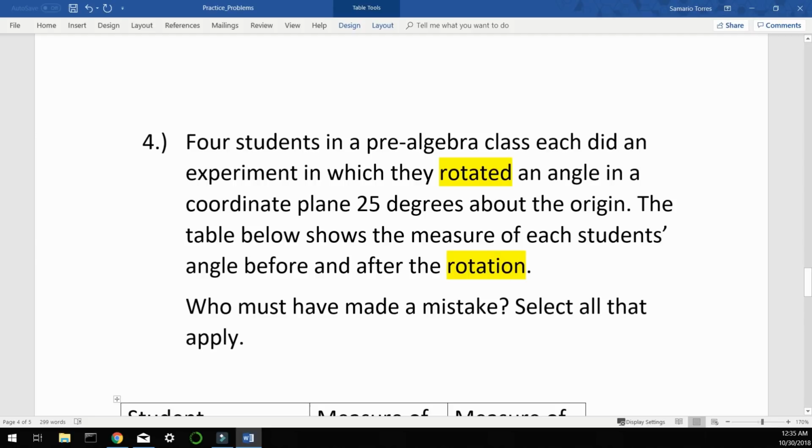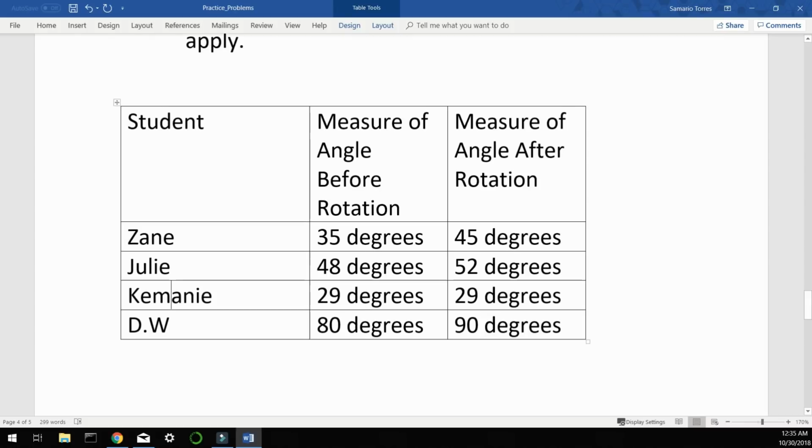When you rotate an angle any number of degrees, the measure of the angle should not change. So the person who got it right, the measure of the angle before the rotation and after the rotation should be the same. Zane said the measure before the rotation was 35 degrees, but when he rotated the angle, the measure changed.